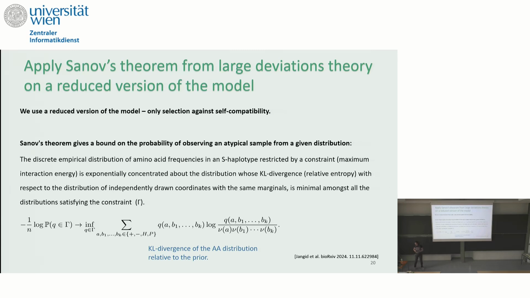Namely, in other words, what this tells us is that we will get the distribution that minimizes the Kullback-Leibler divergence relative to the prior from all those probabilities that obey the constraint that we imposed here.